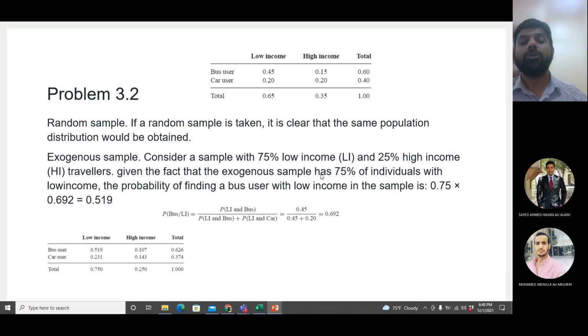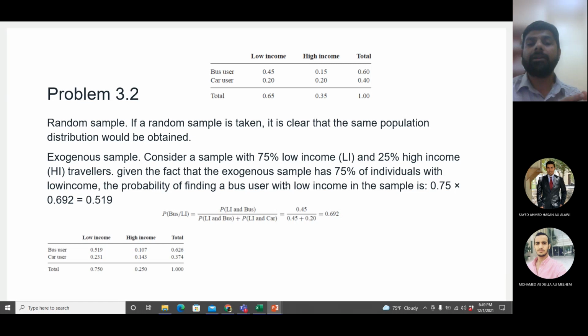A person being low income has 69% probability of choosing a bus. So in the entire sample, I will multiply 0.692 with 0.75. This will give me the probability that a person will choose a bus from the low income group of the sample.